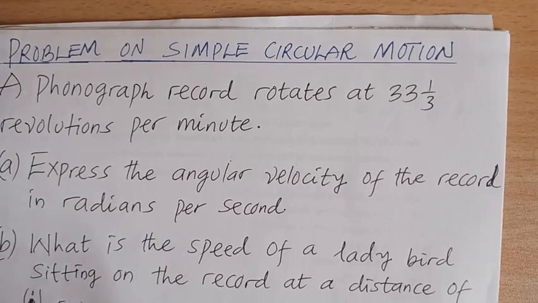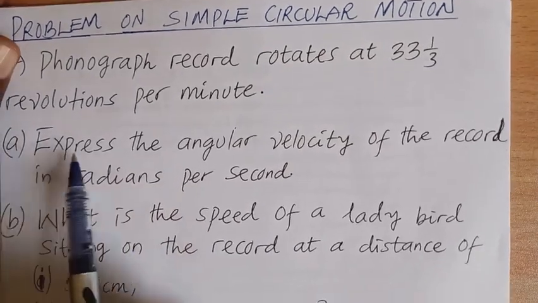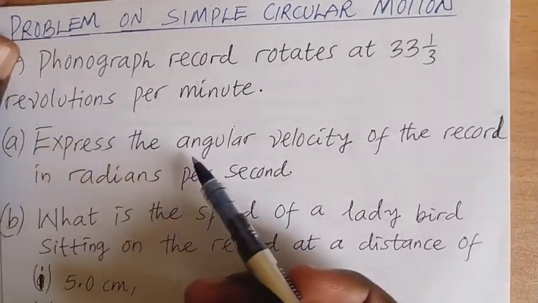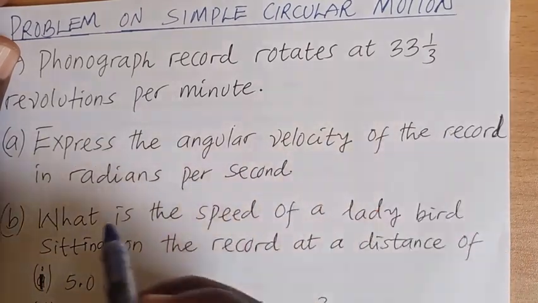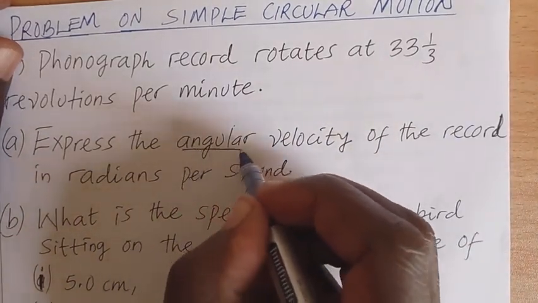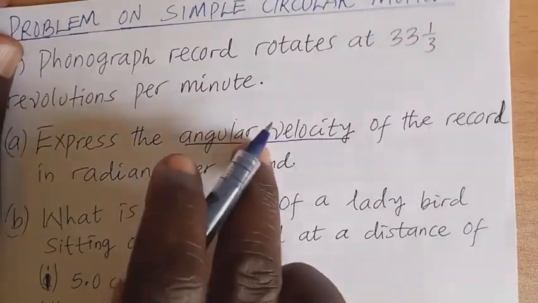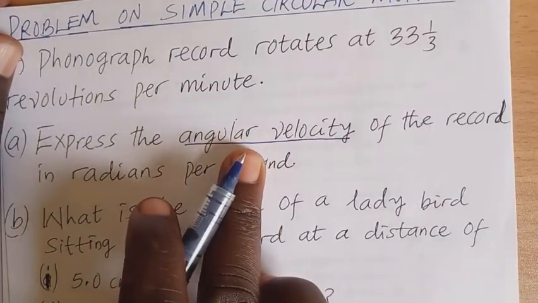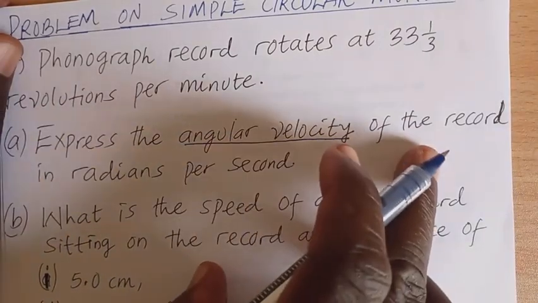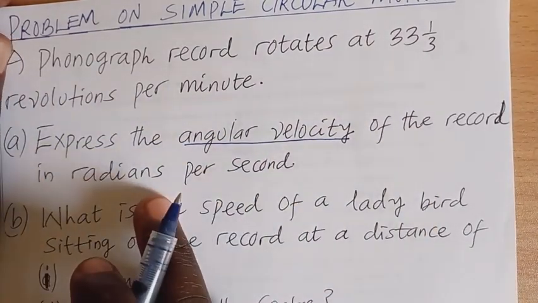Taking the first part of the problem, it says express the angular velocity of the record. So what is angular velocity? We need to ask ourselves what this angular velocity is all about, and they say we should express the angular velocity in radians per second. We will begin by explaining the angular velocity.